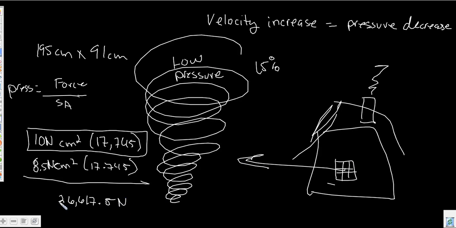And this accounts for 26,000 newtons that's going to push from the inside out. And it's basically going to blow these windows out. And so that's a net difference. So that's why a tornado causes windows to bust out of a house like that. So atmospheric pressure, especially if it's messed with, is a force to be reckoned with. So in some later videos, we're going to show how this keeps your blood from boiling and how this makes airplanes fly.